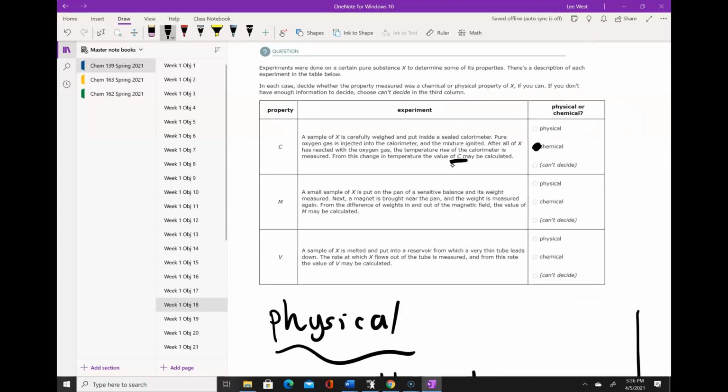So the next one is about this property M. A small sample of X is put on the pan of a sensitive balance. Now in chemistry, a balance is just a fancy way of saying a scale. And its weight is measured. Next, a magnet is brought near the pan and the weight is measured again. From the difference of weights in and out of the magnetic field, a value of M may be calculated.